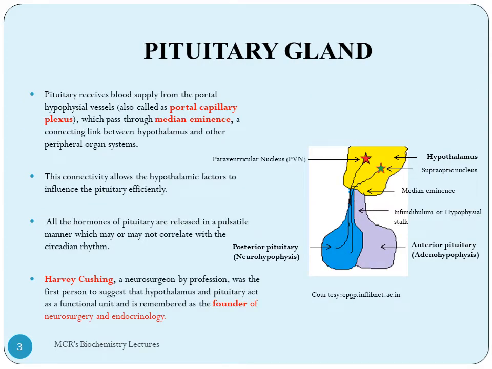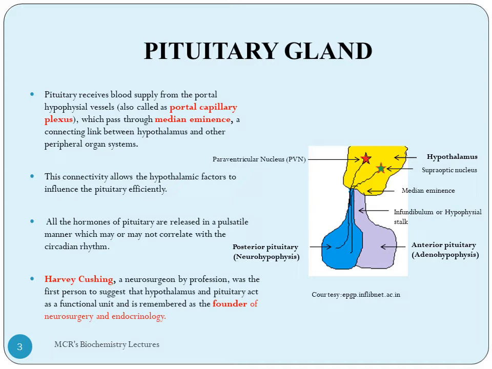The pituitary gland receives the blood supply from the portal hypophyseal vessels, also called the portal capillary plexus, which pass through the median eminence, a connecting link between hypothalamus and other peripheral organ systems. This connectivity allows the hypothalamic factors to influence the pituitary efficiently.